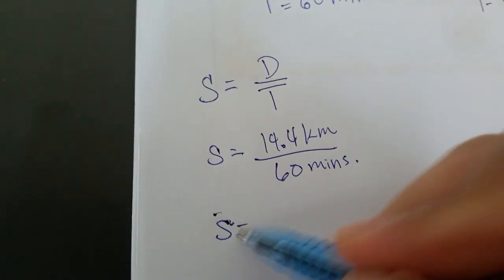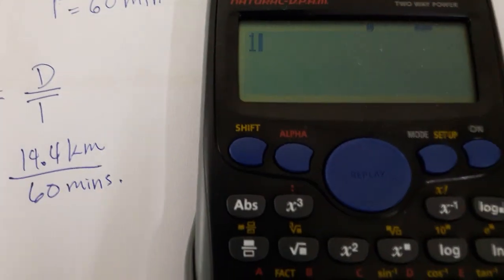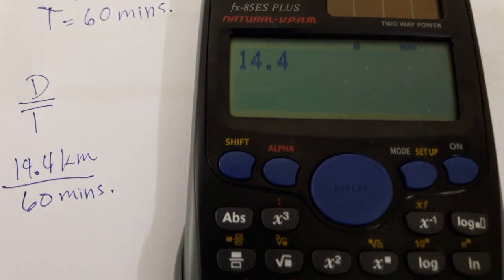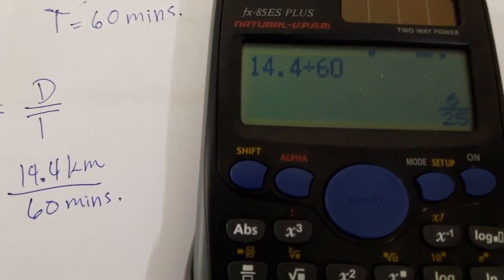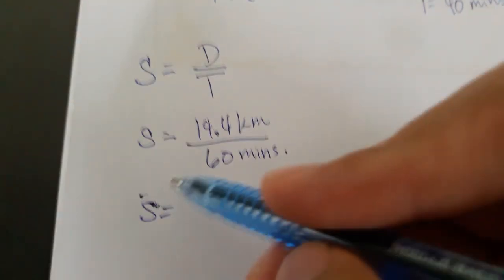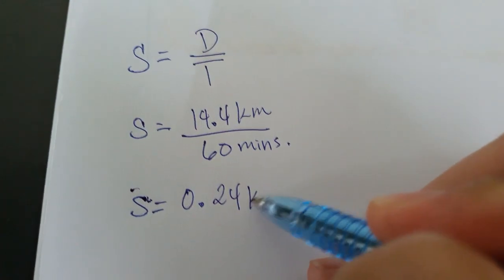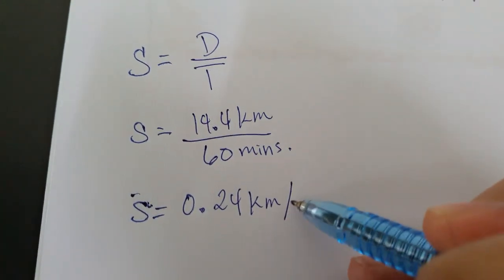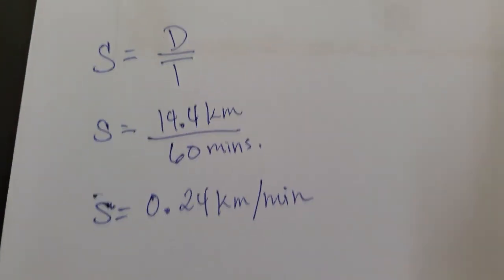So what's the average speed of Bill? 14.4 divided by 60. Okay, 0.24 kilometers per minute.